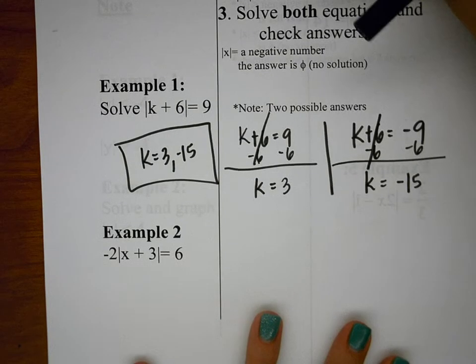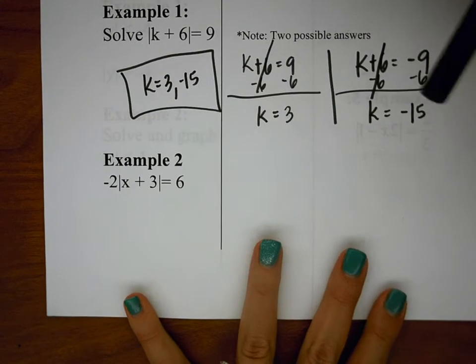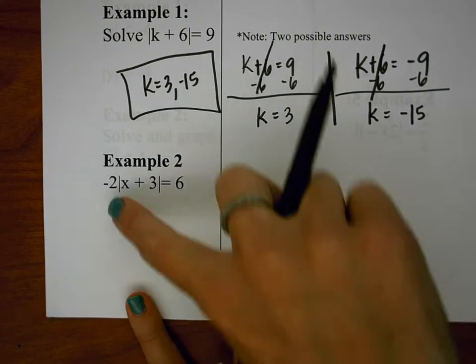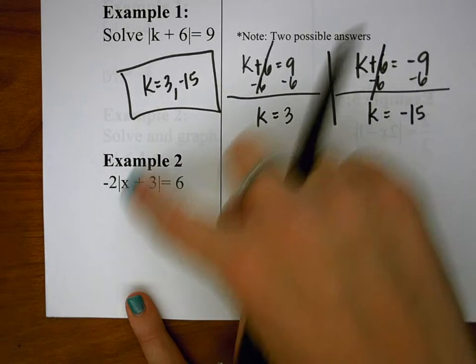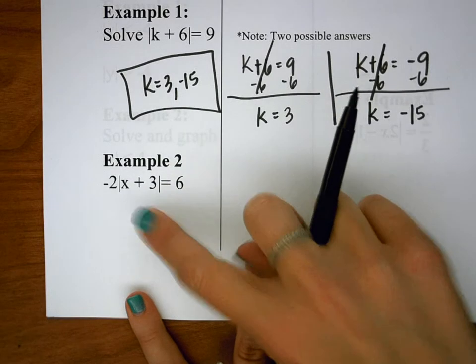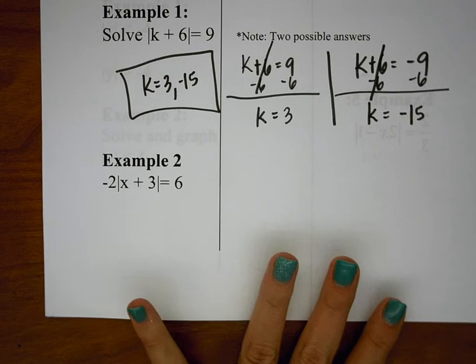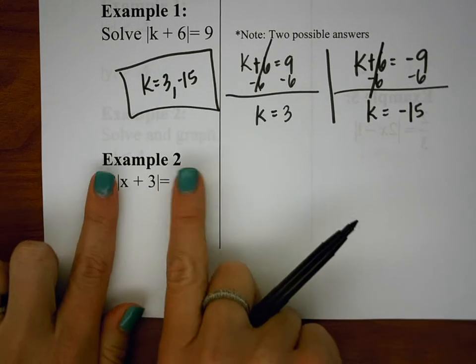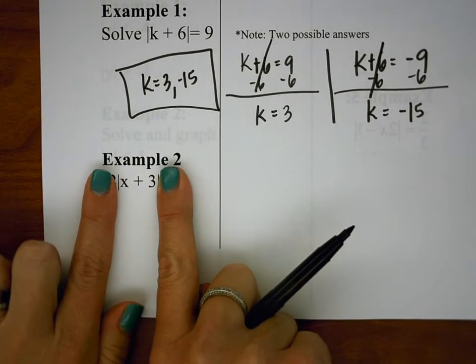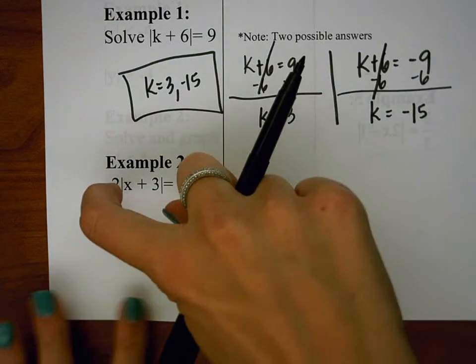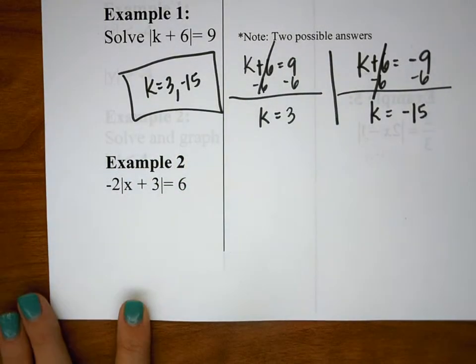Okay, what do you notice is different from example 1 to example 2? Exactly. There's a negative 2 outside of our absolute value bars. But that means you have to multiply it and distribute it? Close. What we're trying to do is we want our absolute value bars by themselves. You're right that it's like parentheses because it's meaning negative 2 times this, but we're not going to distribute it.